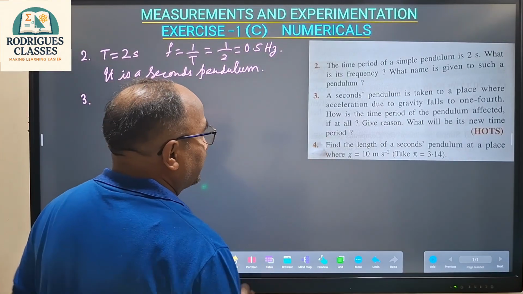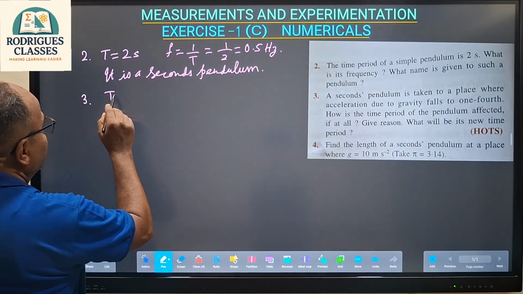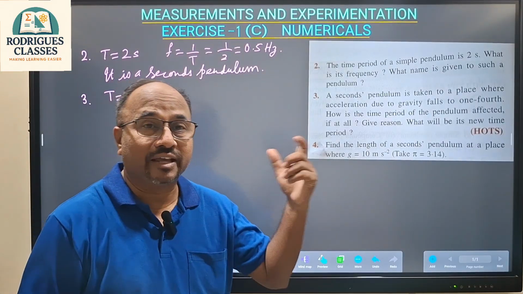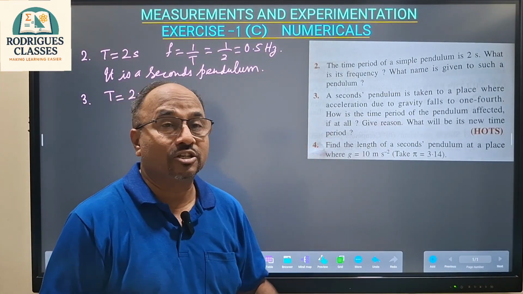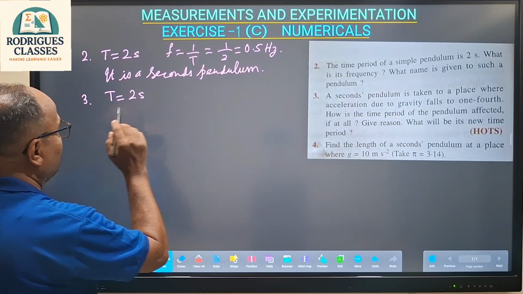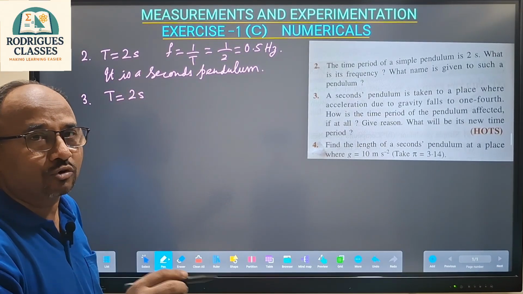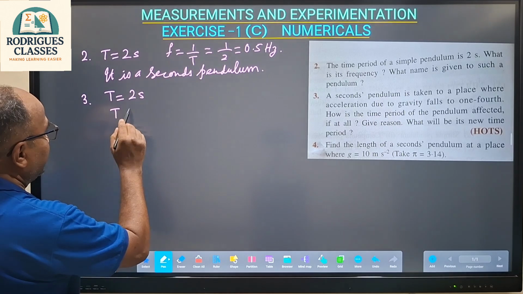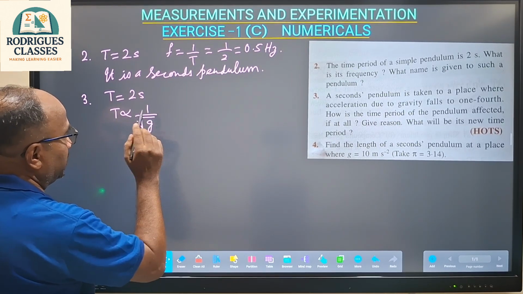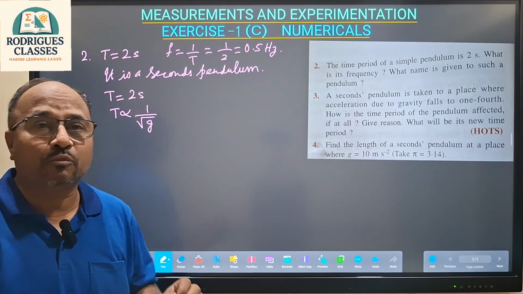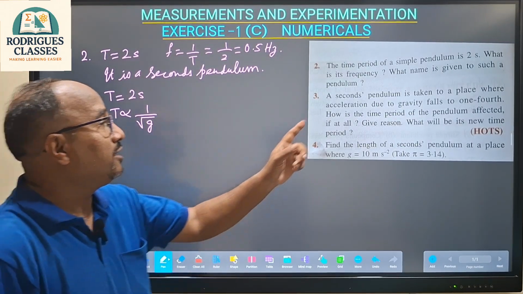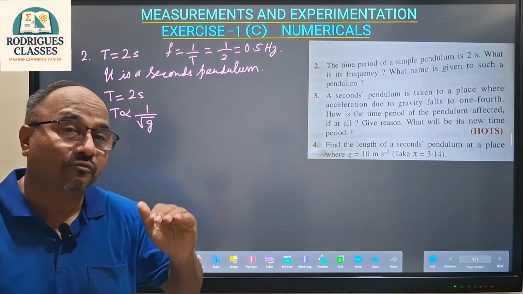So we will write here first of all, a seconds pendulum is there, so time period is 2 seconds. Then it is taken to a place where the acceleration due to gravity is 1/4. We know from this formula T is equal to 2 pi root over L by g that T is proportional to 1 by root g. So it is inversely proportional to the square root of g. So what is happening to g here? It is becoming 1/4.